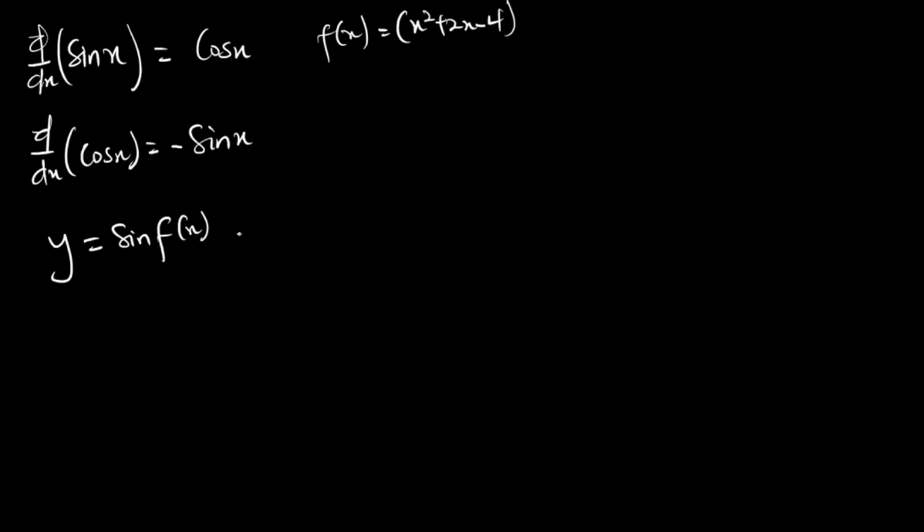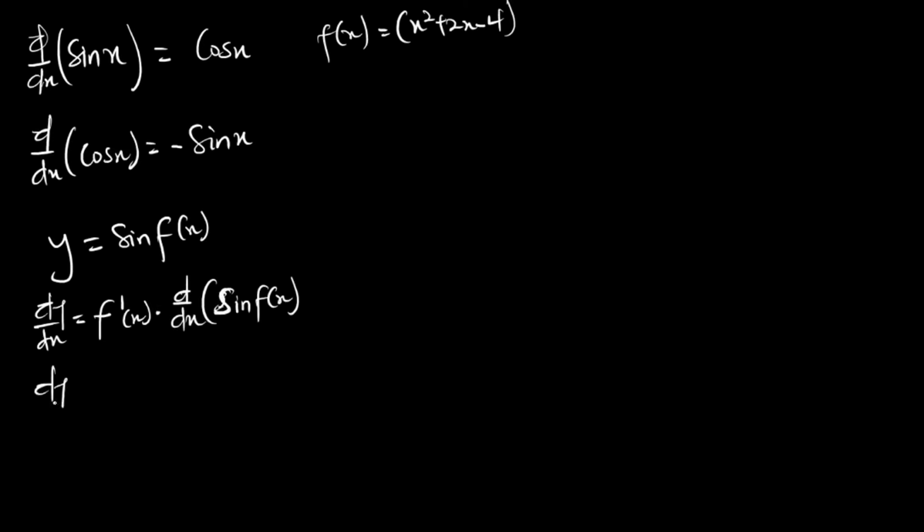So if I have a function like this and I'm to find dy/dx of this function, first of all I need to differentiate just the function alone first, so it becomes f prime of x. Then I multiply it by the differentiation of the function altogether with the sine. So if I differentiate that, it will now become d/dx of the function sine f of x.